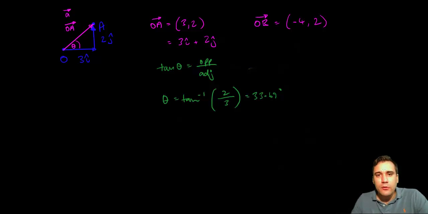So you do have the magnitude and direction defined. And well, what's the magnitude though? I did say it's the length of that arrow, which is the magnitude of OA. So what is the length of that arrow? Well, this is always going to be a right-angled triangle because the J component is always perpendicular to the I component.